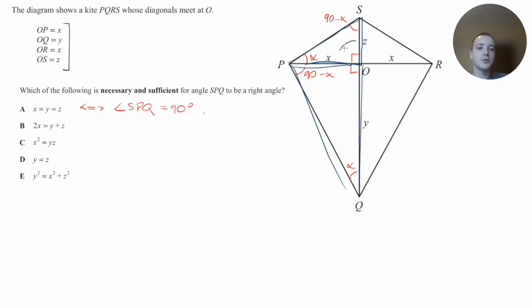So that means the ratio of z to x has to be the same as the ratio of x to y. In other words, we have SPQ is 90 degrees if and only if z over x is equal to x over y. And cross-multiplying, we're going to get zy equals x squared, which again is telling us that the answer is option C.